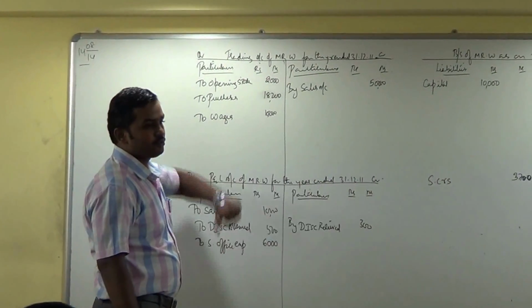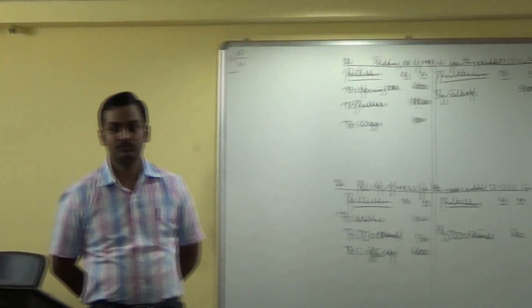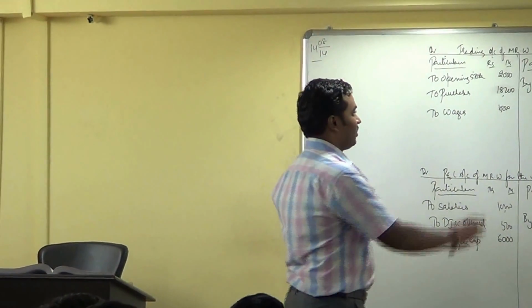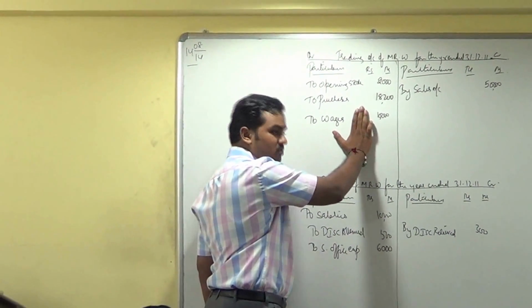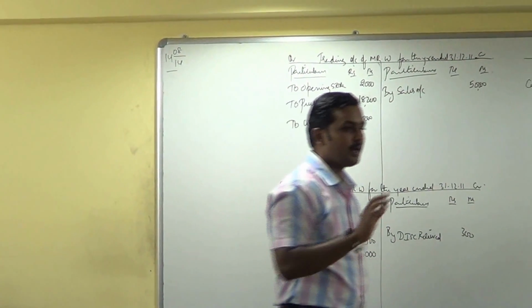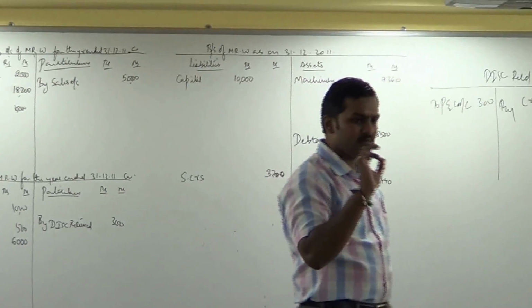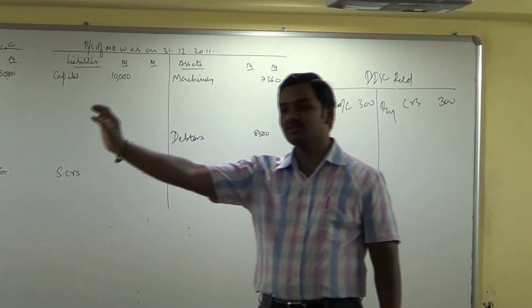Now, what should you do? See, simple logic is, on the debit side you should show only the cost price of goods which have been sold. Matching concept. What should be shown on the trading account debit side? Only the cost price of the goods which have been sold.